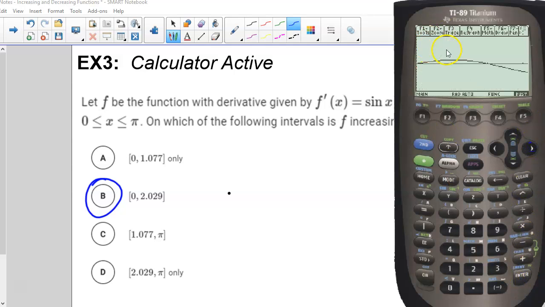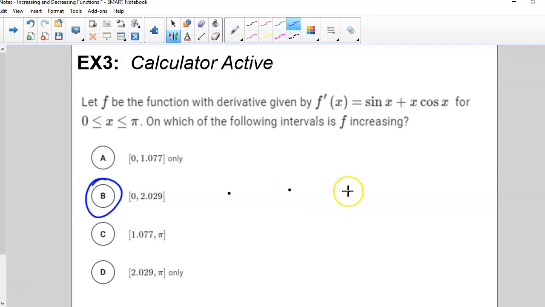If you do find that maximum point, it is going to be at 1.077. So students that answer A are thinking, oh, it's increasing from 0 to 1.077. That is talking about that function, not f of x. This is the derivative you're looking at. So you're looking for positive or negative for it. Okay, questions?